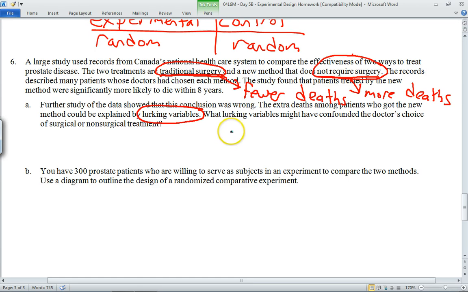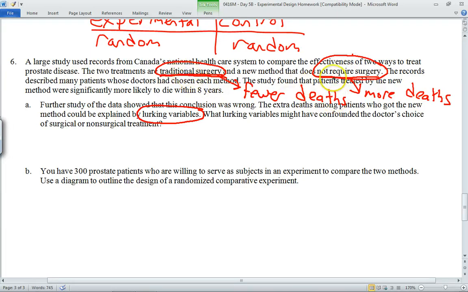Now, I'm not sure how many people this would occur to on your own, so I'm just going to go ahead and jump in here. Here's a hint. If you're a doctor and you have a choice, as your patients are coming before you, and they have this prostate disease, maybe you're going to do surgery, or maybe you're going to not do surgery and do something else.